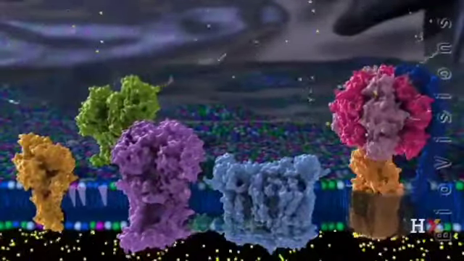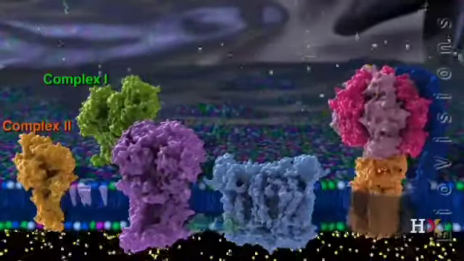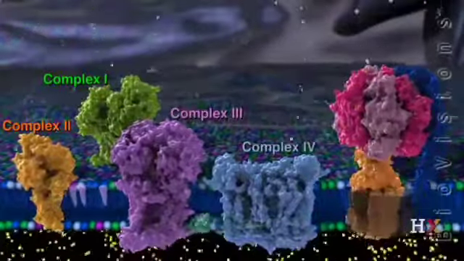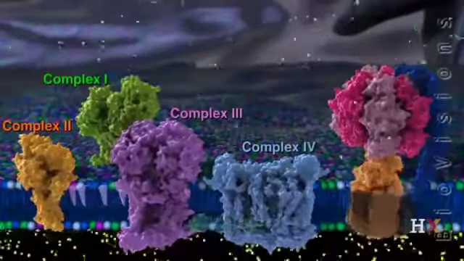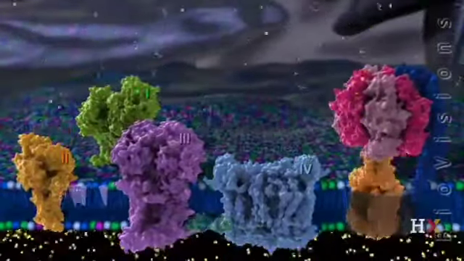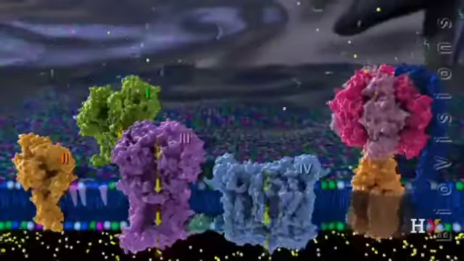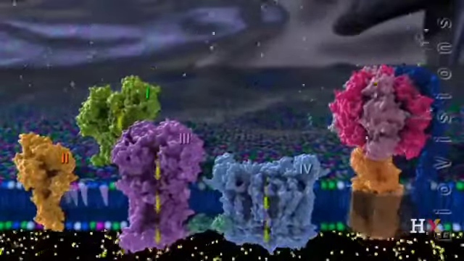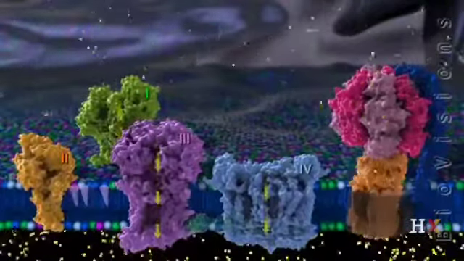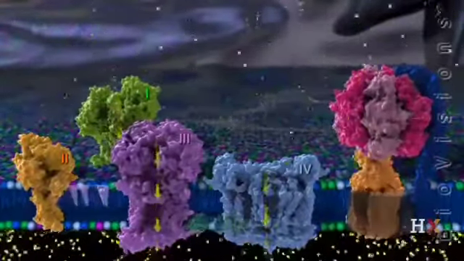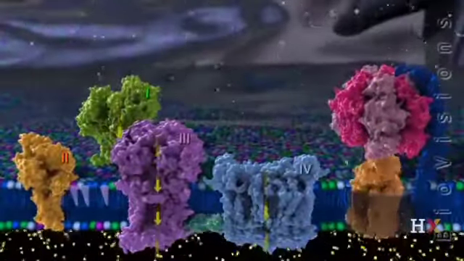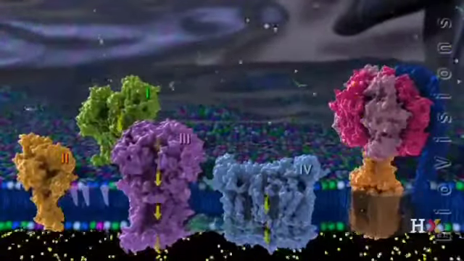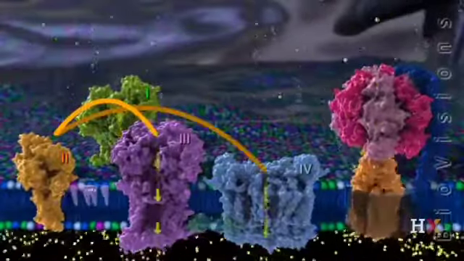At the heart of this system are 4 protein complexes, numbered 1 through 4. Complexes 1, 3, and 4 directly pump protons from the matrix into the intermembrane space. Complex 2 does not directly pump protons, but it does promote proton pumping in complexes 3 and 4.